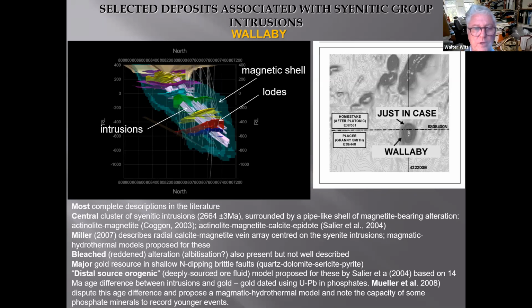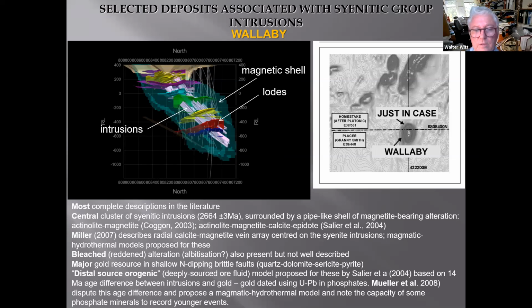Roxalia proposed a distal source or deeply sourced ore fluid for the Wallaby high-grade gold. And that was based on a difference of about 40 million years between the age of the intrusions and the age of the mineralisation. The age of the mineralisation in this case was determined using uranium-lead systematics in phosphate minerals.